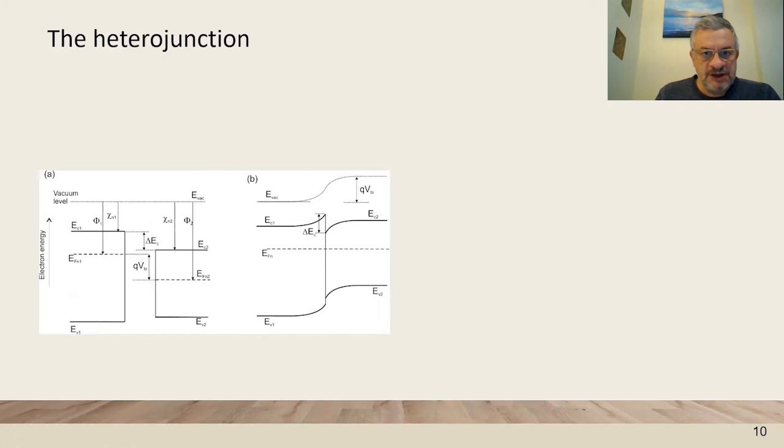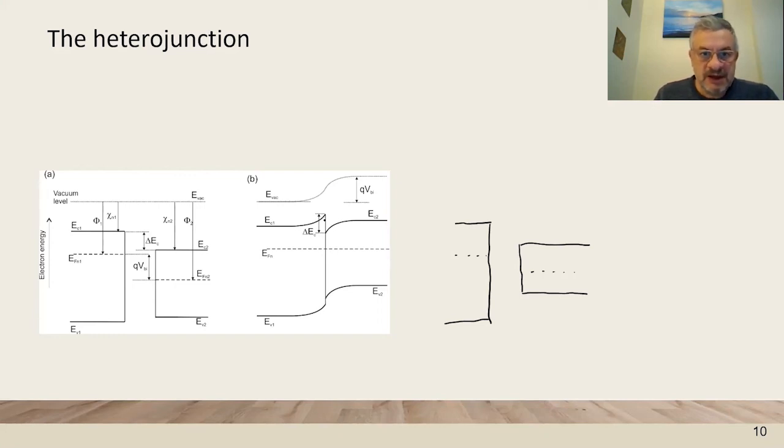In heterojunction, we join two materials but they have a different bandgap. So that they also form the band bending to achieve equilibrium, which brings the Fermi levels together, but the band edges do not match.